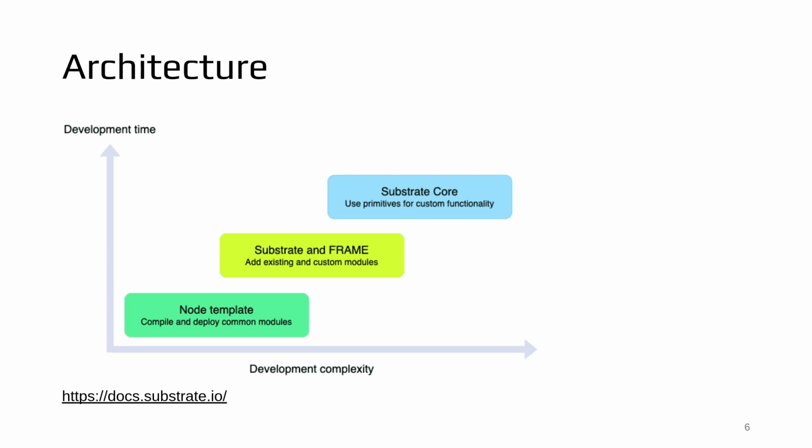You're going to be implementing your own logic for networking, for example, or consensus. But in this video at least, we're going to be only dealing with the node template that is provided by the Substrate team, and we'll see how to customize it and quickly deploy a chain that we can have customizable and everything.